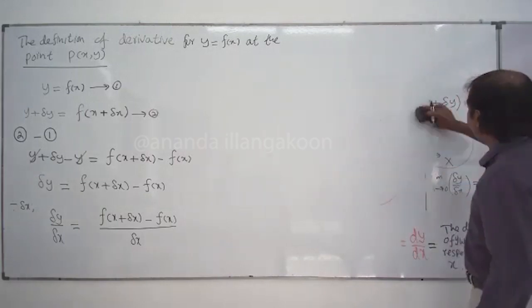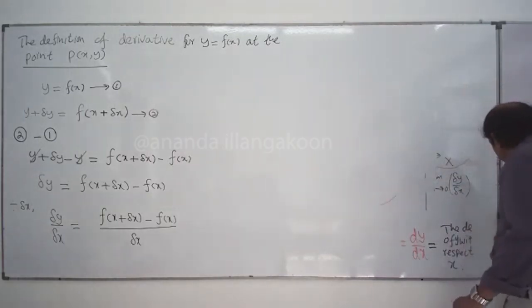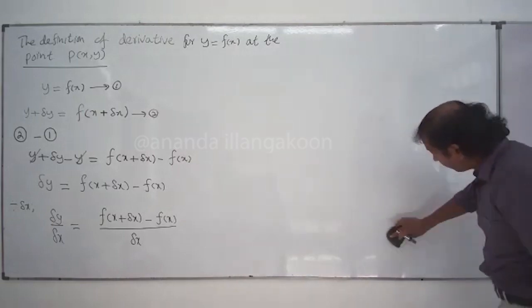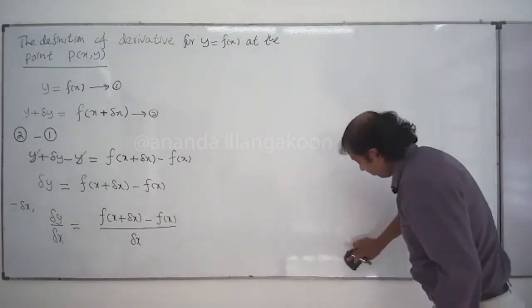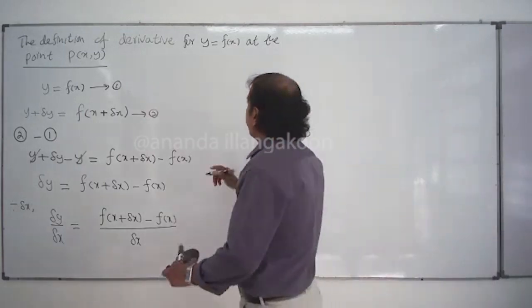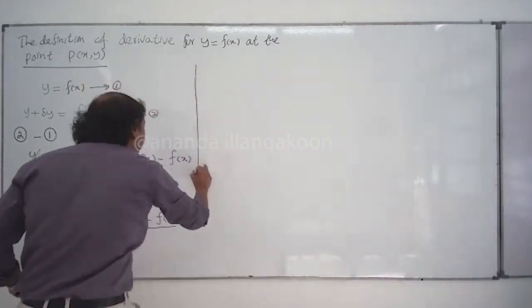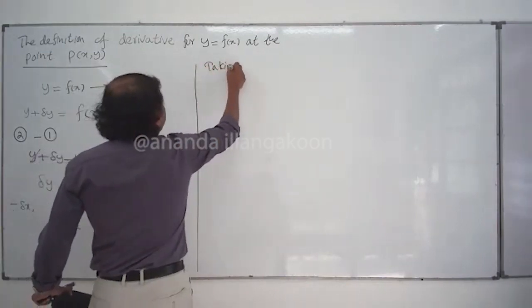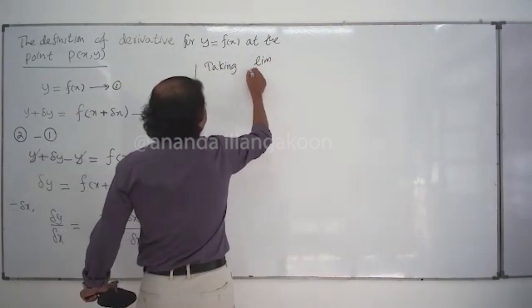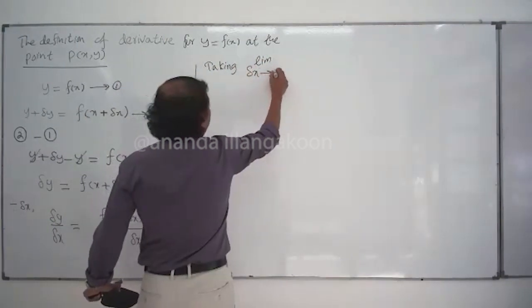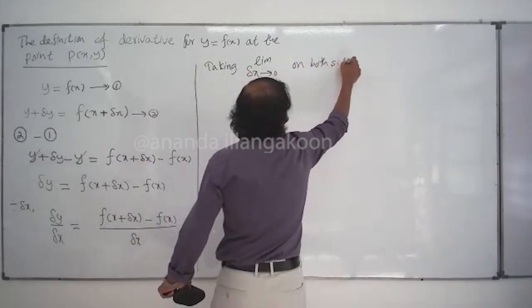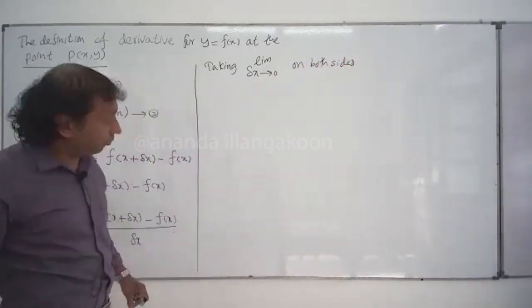Now we have found the incremental ratio, people. Taking the limit as delta x goes to 0 on both sides, what do you get?